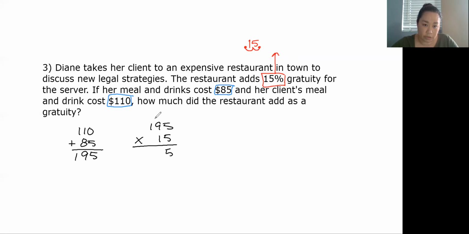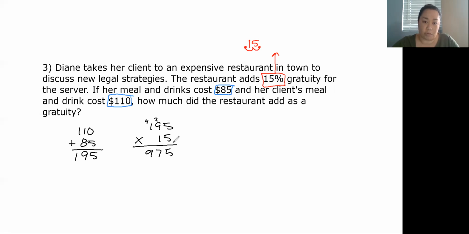5 goes here, 2 goes up here. 5 times 9 is 45. 45, 46, 47. Then you add my 2. 5 times 1 is 5, plus 4 is 9. All right, so now I'm going to change the color just so we can see it.